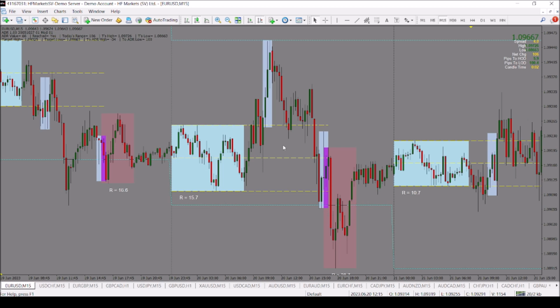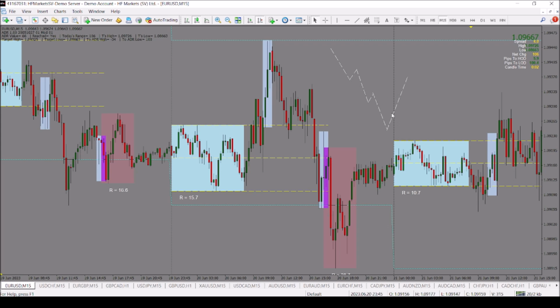So how are we going to make our entries for the US session reversal strategy? It's a strategy whereby we need to see a London session with two higher highs. The London session must present two higher highs for us to get a reversal in the US session. So this is the template that the London session must present out of the Asian session box for us to anticipate a reversal in the US session.